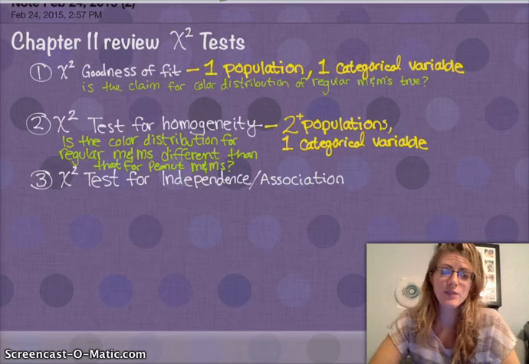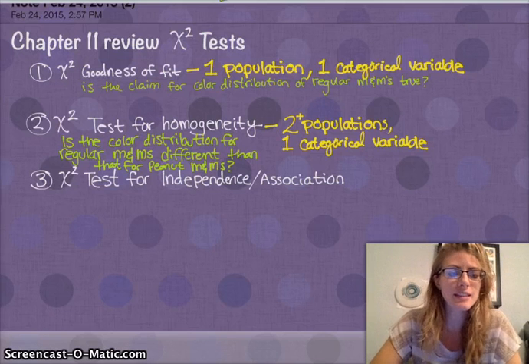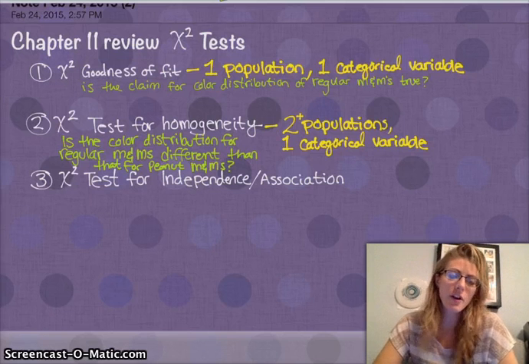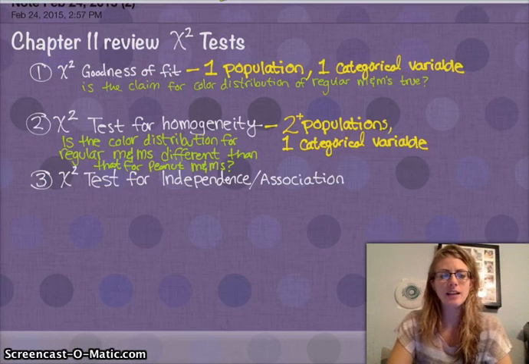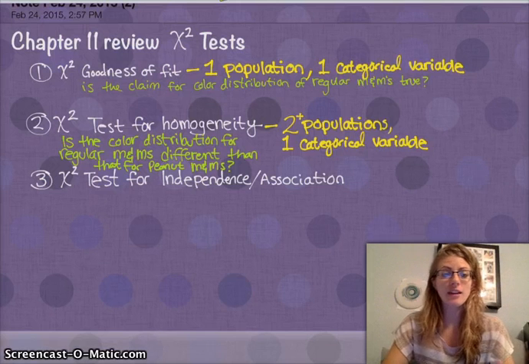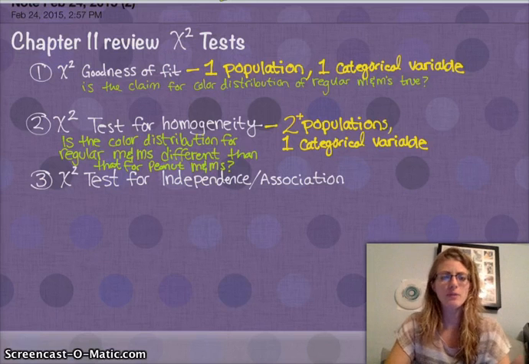And the chi-squared test for association or independence is comparing 2 different variables and basically trying to test to see if there's an association or a relationship between 2 separate variables.